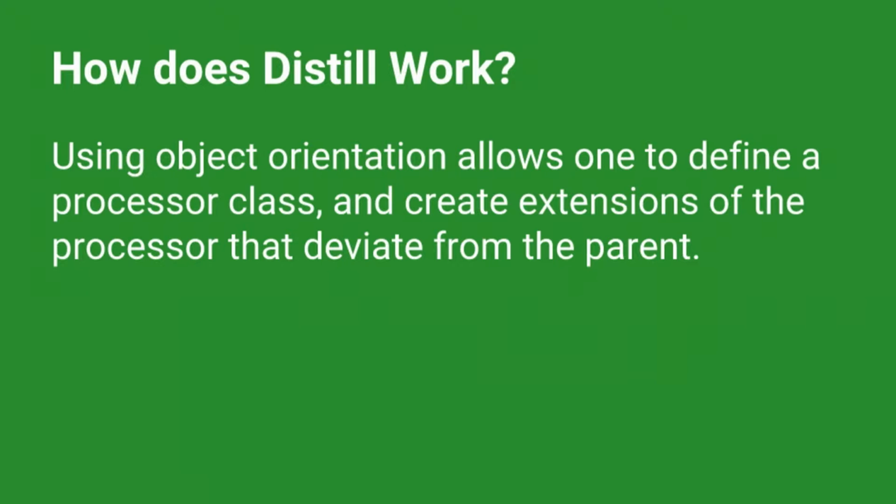Let's say you had a content type called article, and you want to change the way that article's data is being formatted. You can create a subclass of that parent class and name it article. And you can change the way that specific fields are rendered, or change the way that a field type is rendered, anything you want to do. And you can do that as much as you want. It could be as organized or disorganized as you'd like.